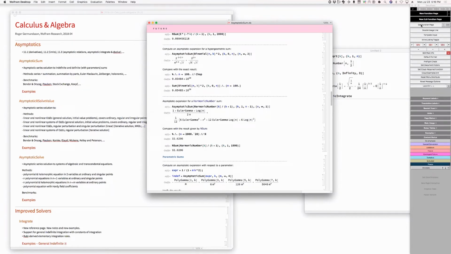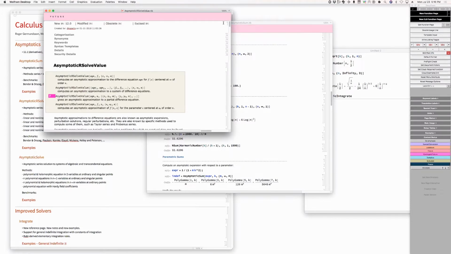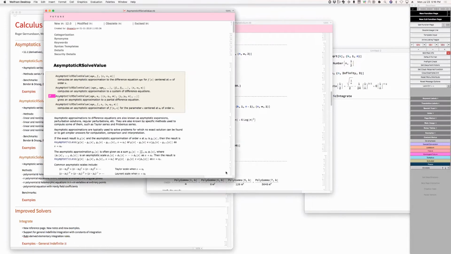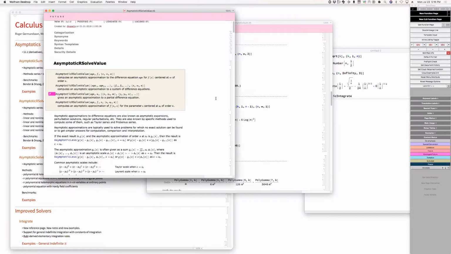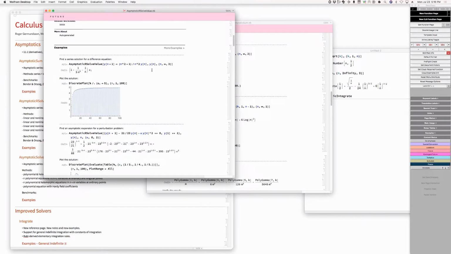Asymptotic solve value. Let's take a look at that guy. Yeah, this is a bug, this stupid white thing down here. But I must say that I don't object to that being up there, as long as I can find it. So there are two cases here.